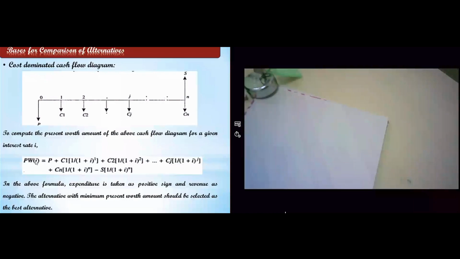We have solved some numericals in one single step, as well as by splitting the entire cash flow into different segments. So here also you can either go by this method where you resolve the entire cash flow in one single step, or you can split it.